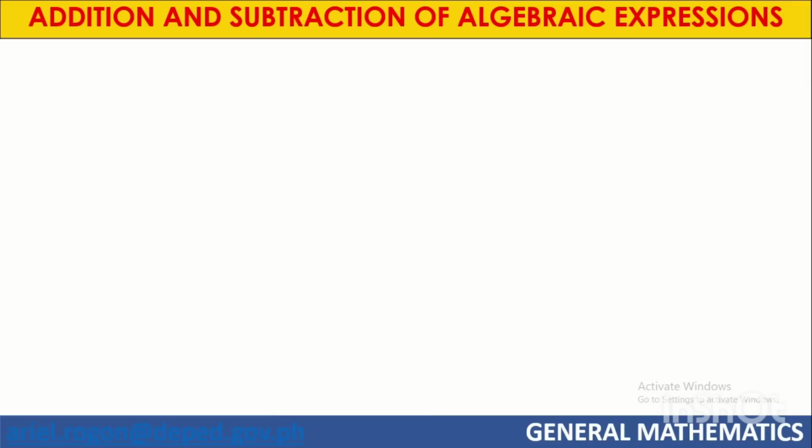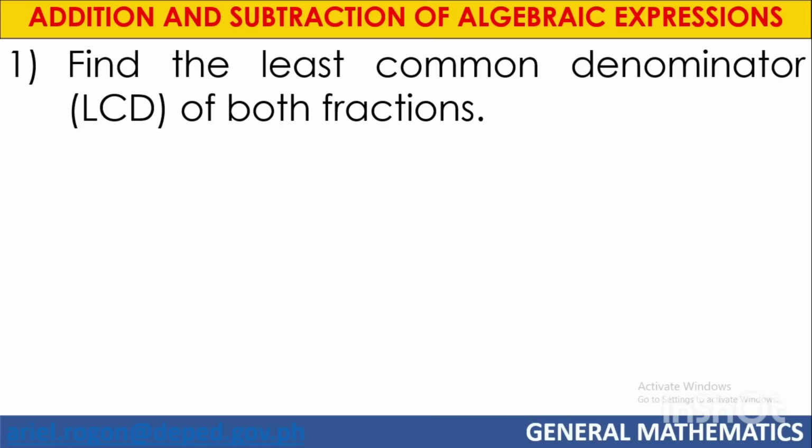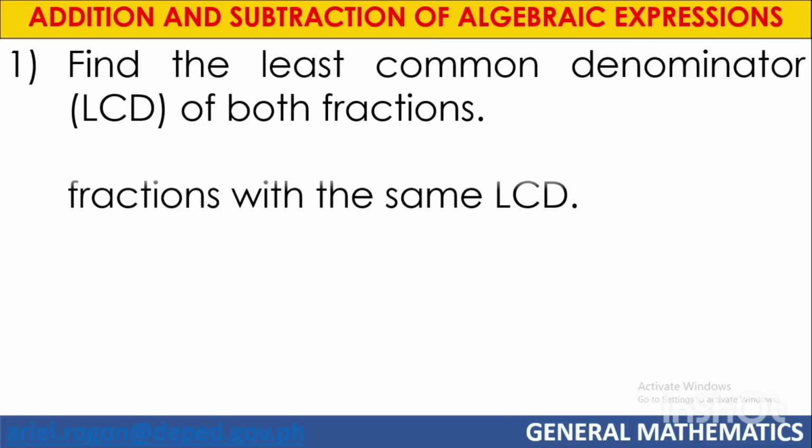So before we discuss operations and functions, let's have a short review about the operation of algebraic expressions. For adding and subtracting algebraic expressions, first, we need to find the least common denominator. So that's the first thing we will do, find the LCD if given fractions.